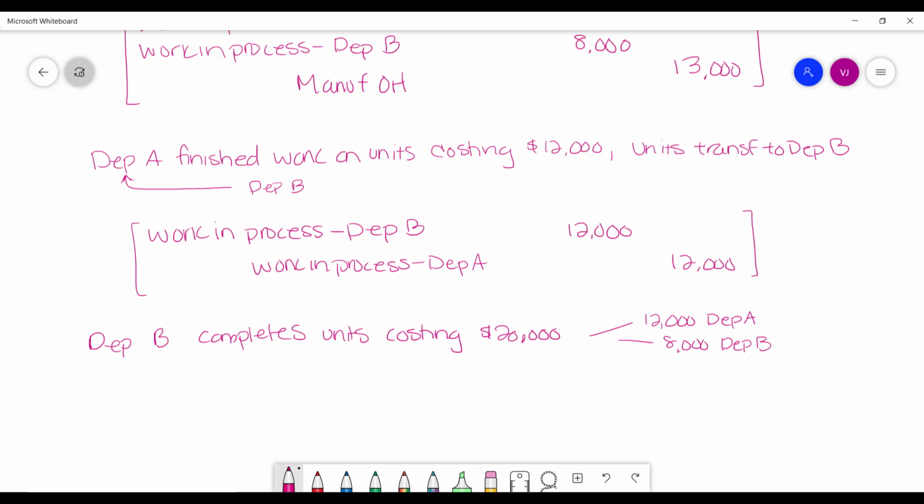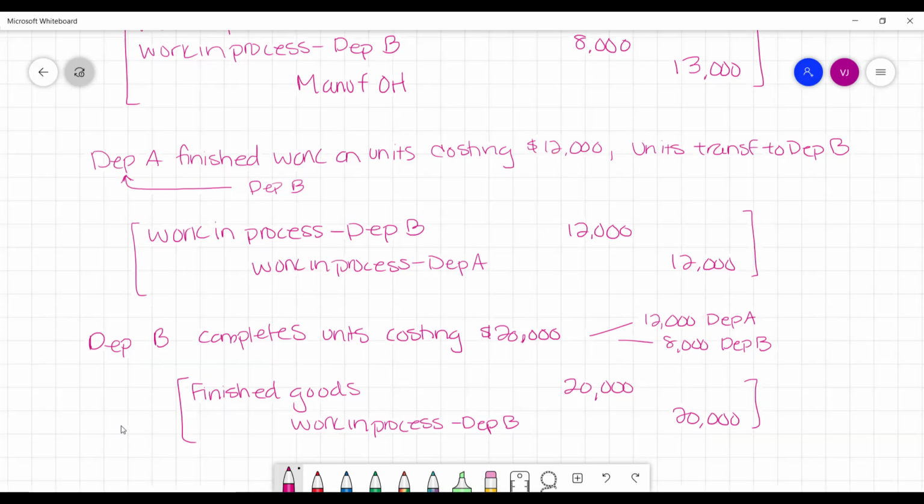So what would that look like if I completely finish these units and they're ready for sale? Well, if they're ready for sale, they need to go into finished goods. So I'm going to debit finished goods for $20,000, and I'm going to credit the work in process account for Department B for $20,000 as well.